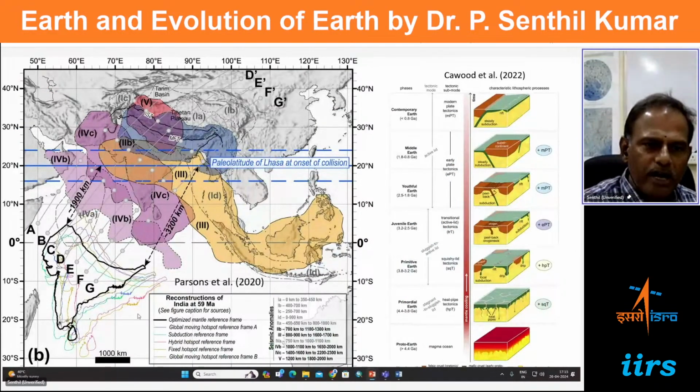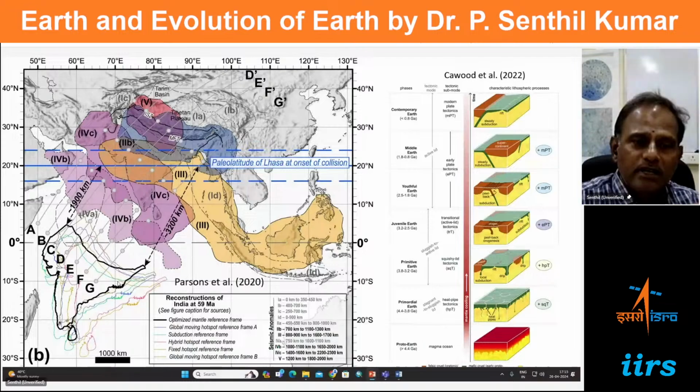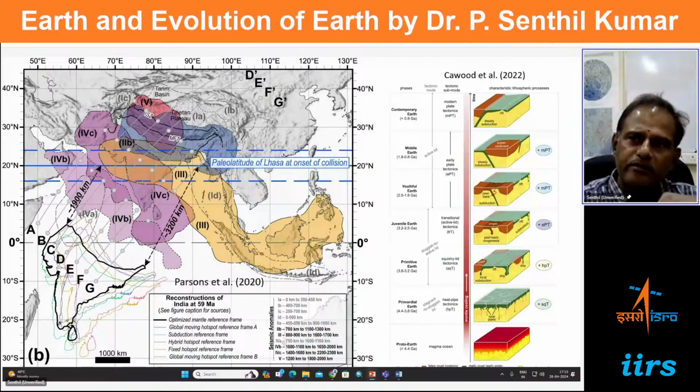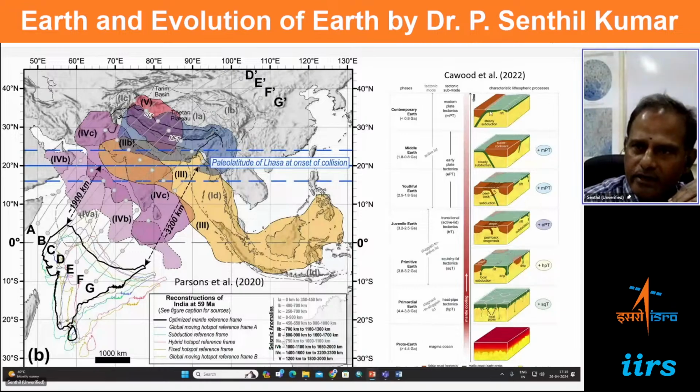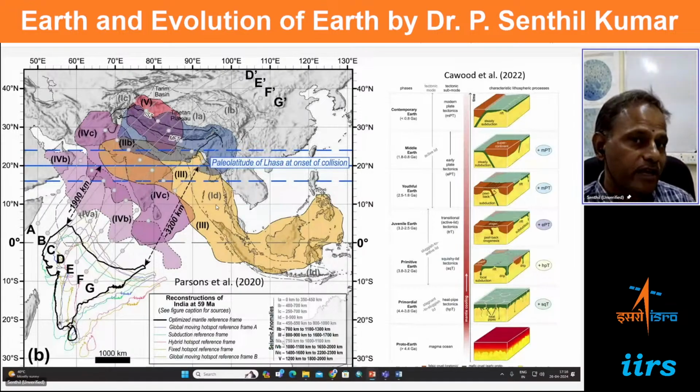So this is how the Indian subcontinent moved and slowly collided onto the Eurasian plate, and it produced a huge mountain belt. In this process, the Indian lithosphere also went beneath the Eurasian plate, subducted beneath. You can see here on the right side, one plate gone down. This is the Eurasian plate, this is the Indian plate. So this is how plate tectonics played havoc to the planet Earth.